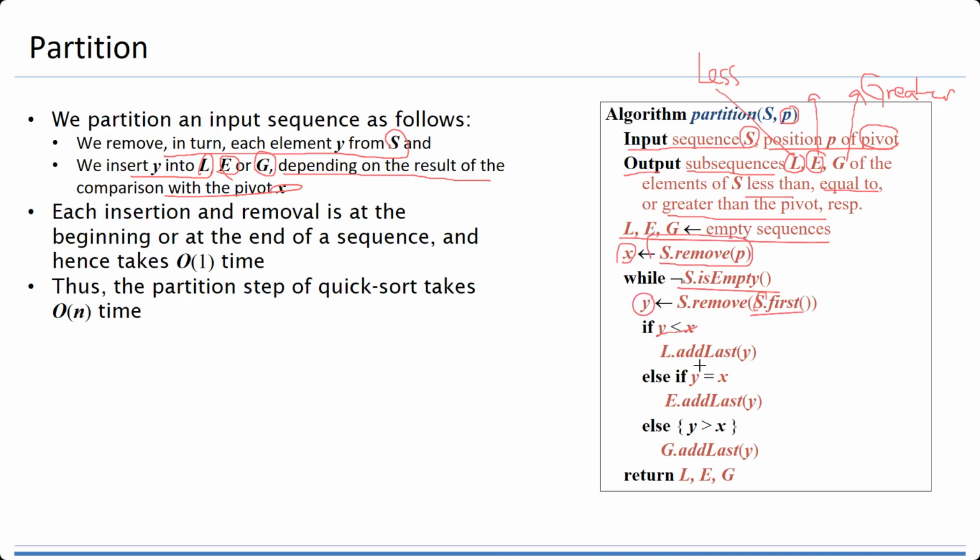If y is less than x, then insert y at the end of L. If y equals x, then put it into E. If y is higher than x, then put it into G. Its insertion and removal are at the beginning or at the end of the sequence, so it will take O(1). Thus, the partition step of the quick sort takes O(n) time. So this one will take O(n).